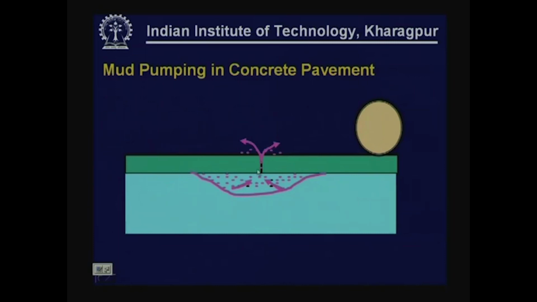Over many repetitions of load and several deflections of the slab at this joint, the fine material gradually gets replaced through this joint, and what we subsequently have is a void here. That could lead to loss of support here, and then the slab will crack here.